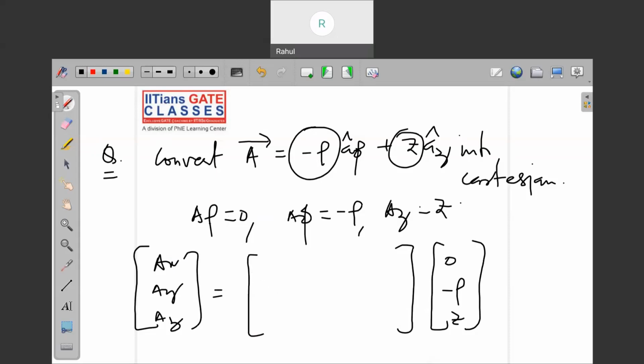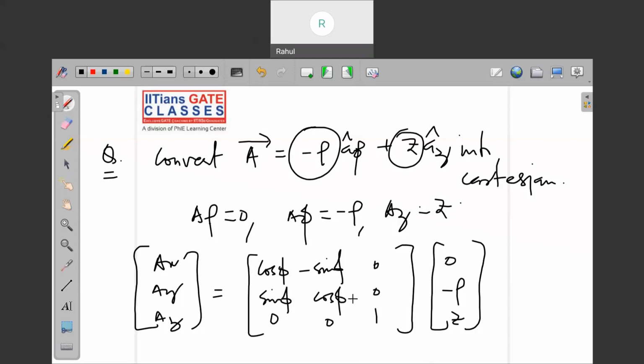So here you can say this is cos phi, sin phi, and 0. Now differentiate, this time horizontally. So this is minus sin phi, cos phi, 0, and then 0, 0, 1. So it is very easy now, right?